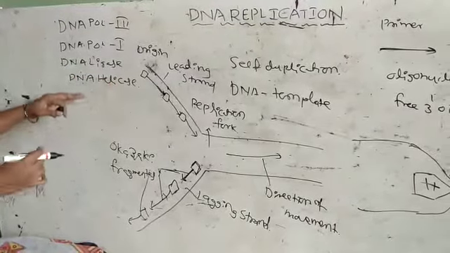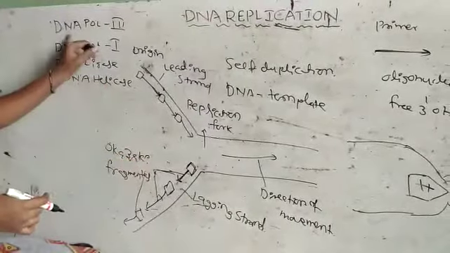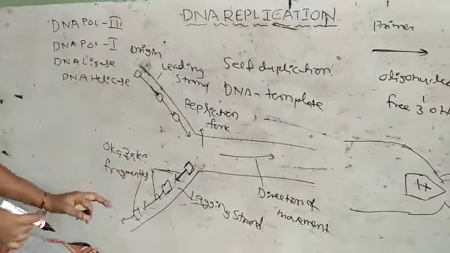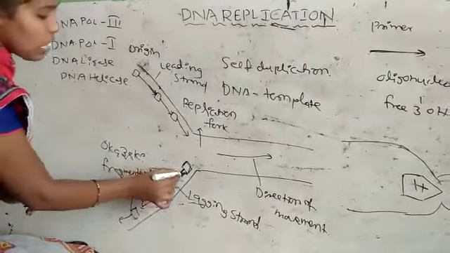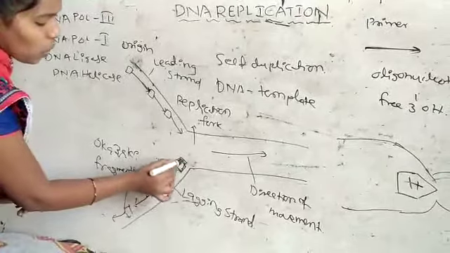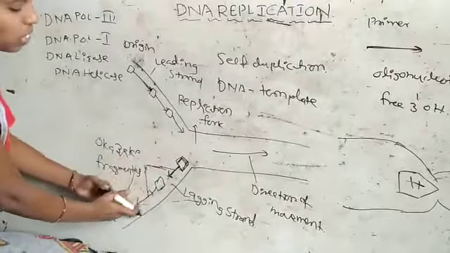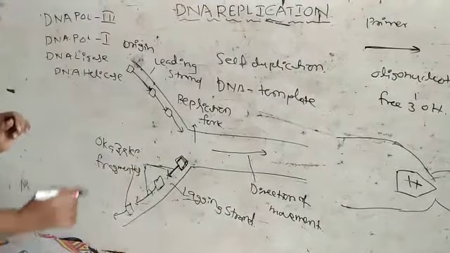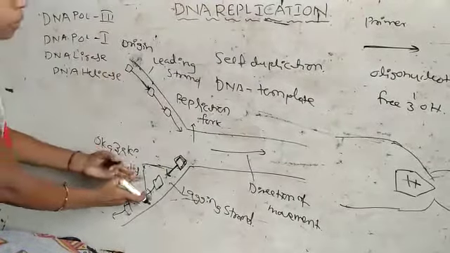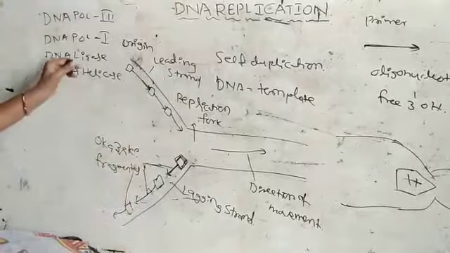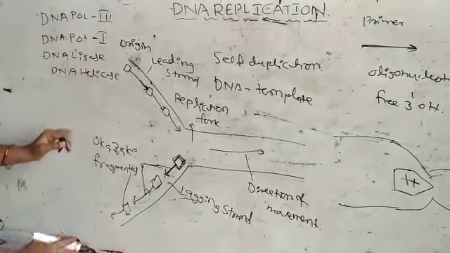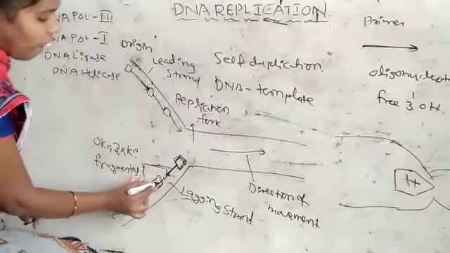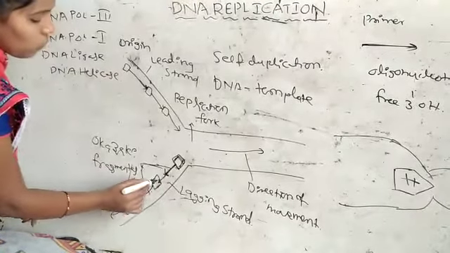Helicase enzymes are involved in DNA replication. DNA polymerase 3 adds the nucleotides on the lagging strand, and then DNA polymerase 1 is involved and removes the primer. Then DNA ligase is involved and seals the nicks between the nucleotides.